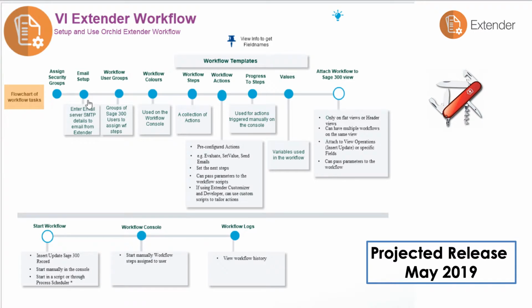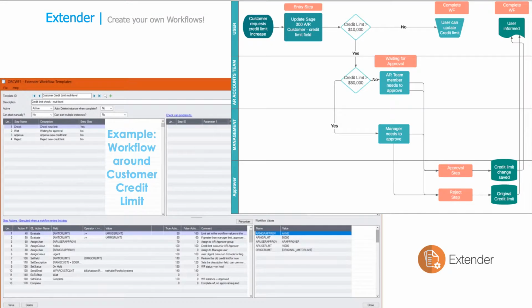And for a new component of Extender, which is due for release in May 2019, we've now included the ability to create workflows around any Sage 300 view or around any third-party view that has been created within the Sage 300 SDK. So here, for example, we're looking at some workflow around a customer credit limit again.